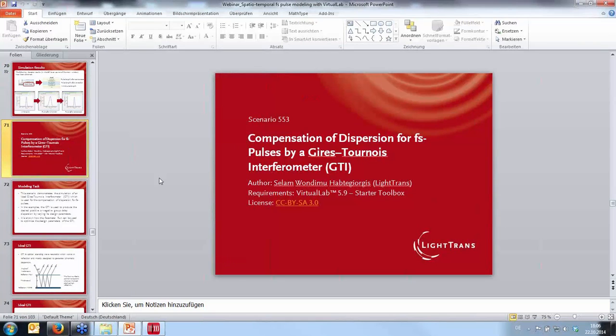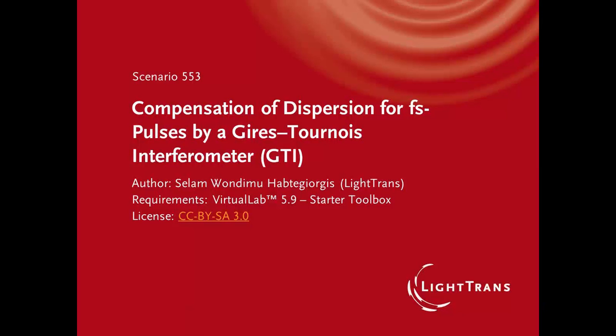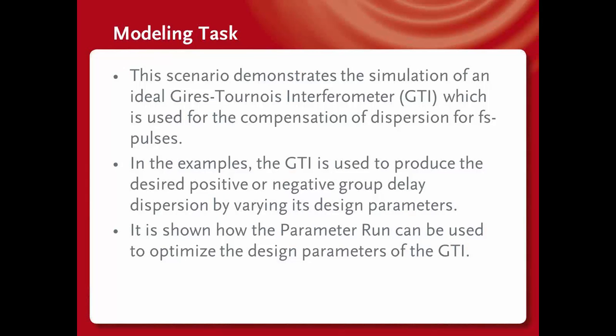So our last example we will discuss for today is the Gires-Tournois interferometer. This can be used for the compensation of dispersion of long femtosecond pulses. Typically this is a setup which is used for femtosecond pulses which are longer than 100 femtoseconds.